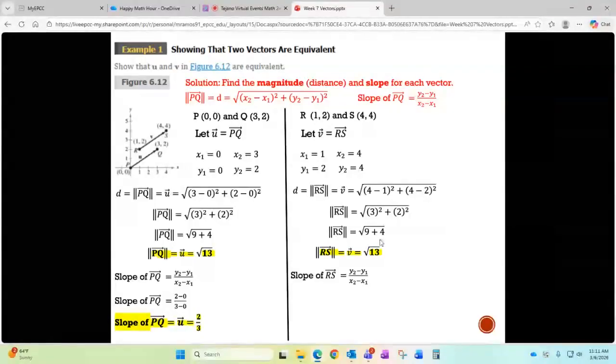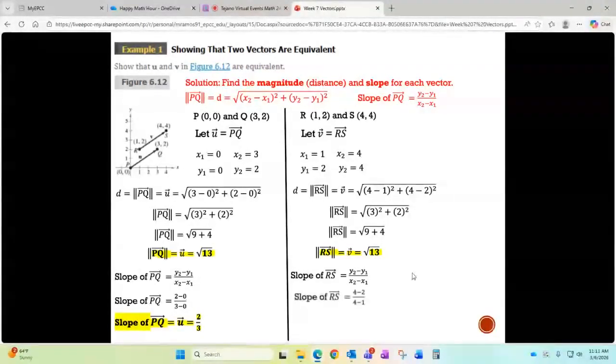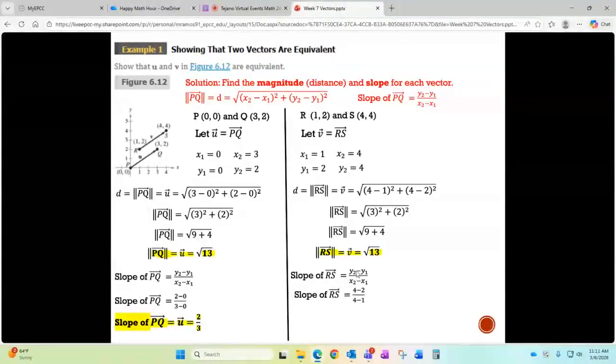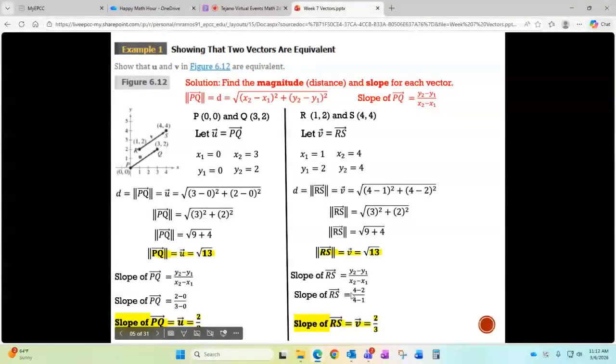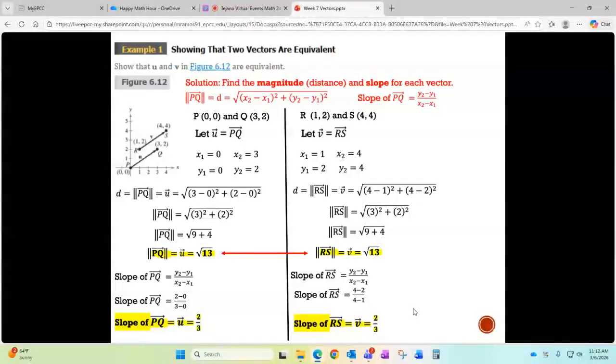I also have to find slope for this one, so I'm going to plug values into the equation. The slope is going to be change in y, so 4 minus 2, all over the difference in the x's, 4 minus 1. We get 2/3. So what do you notice?